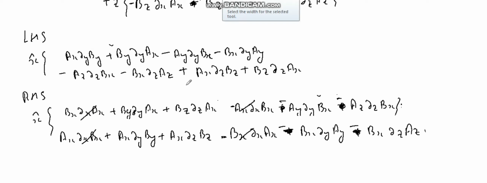For the plus sign we're gonna have ax del y by, ax del z bz, ax del z bz, by del y ax, by del y ax, bz del z ax, bz del z ax.